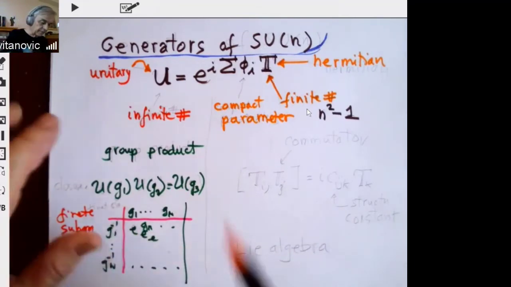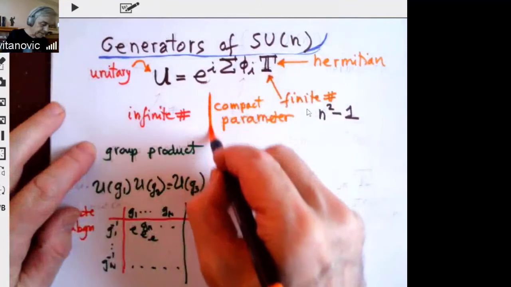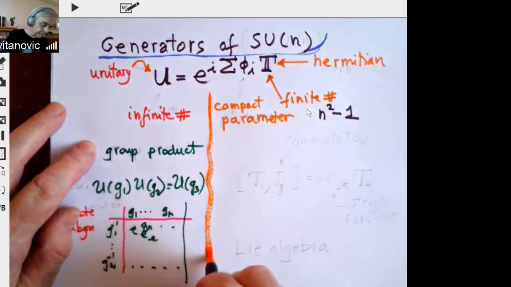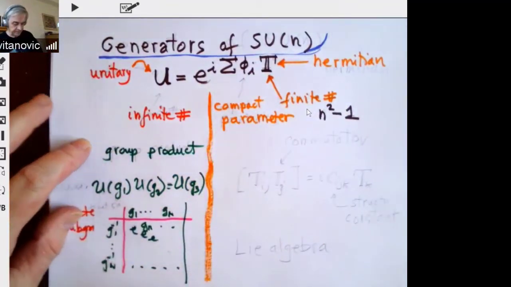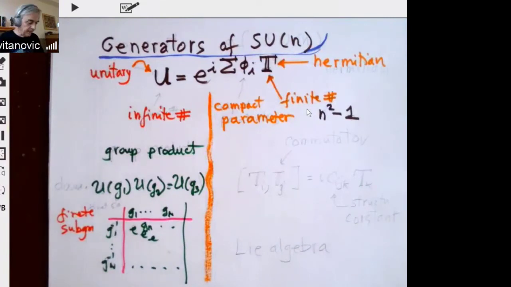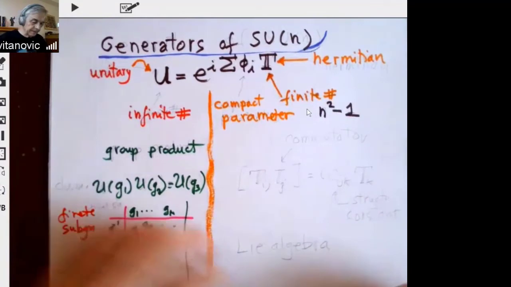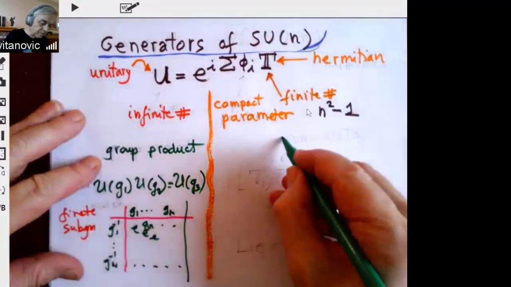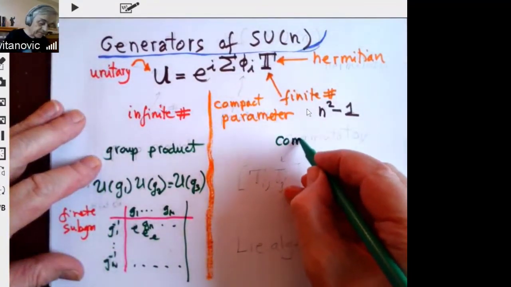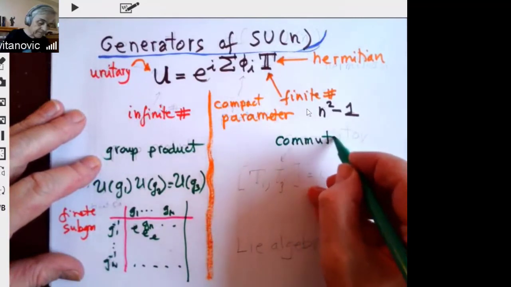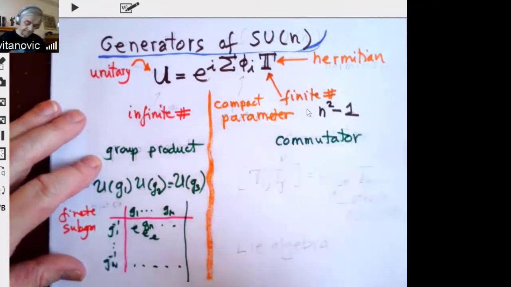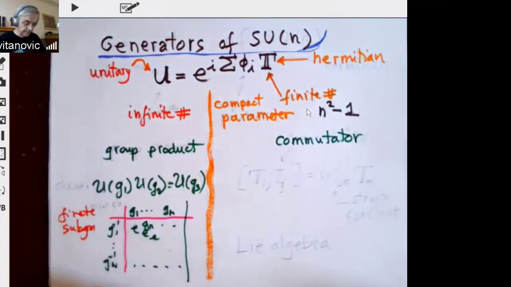Now that we have gone up to exponents, we have to adapt a little bit. And the main thing that happens is here we had a group product, but that'll be replaced by a commutator. And that was a big discovery of Sophus Lie.